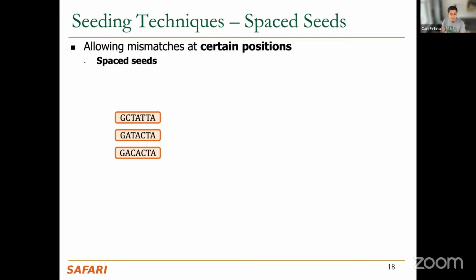because if two sequences are similar to each other, they don't necessarily have to contain exact matches, right? They may still contain a few mismatches between them, but those sequences could still be similar to each other. So by requiring exact matches, maybe we are missing some important locations or matches that we could find.